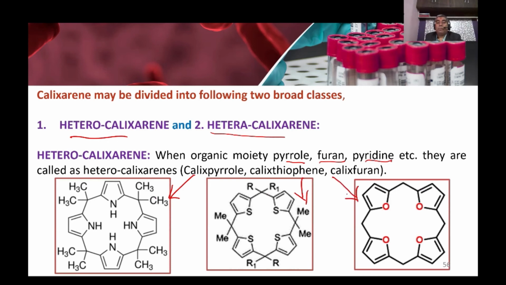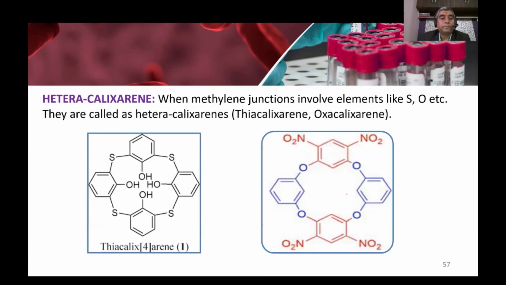So when this type of heterocyclic moiety is used in the structure, it is called a heterocalixarene. Examples are calixpyrrole, calixthiophene, and calixfuran. The other class: when the methylene junction is replaced by an element like sulfur or oxygen, they are called heteroatom-bridged calixarenes. Examples are thiacalixarene and oxacalixarene.